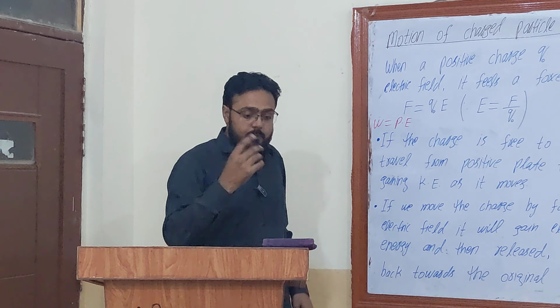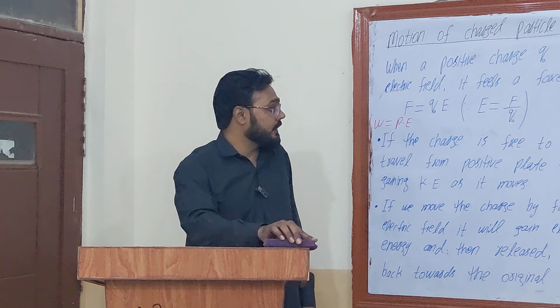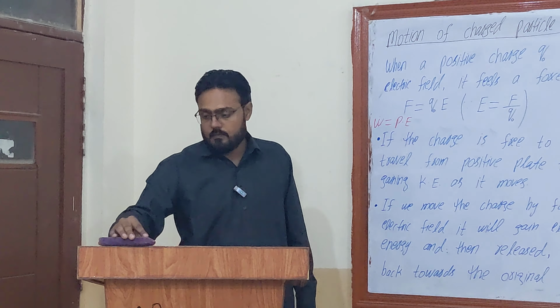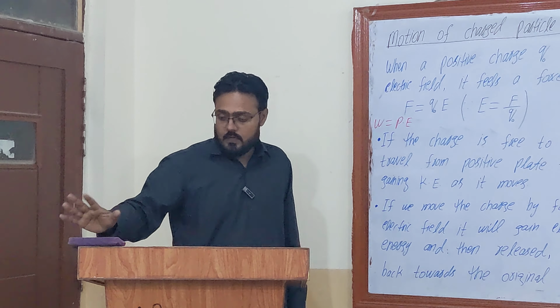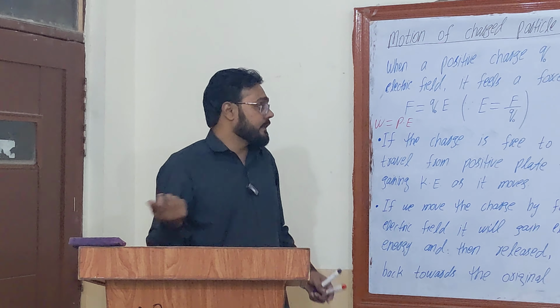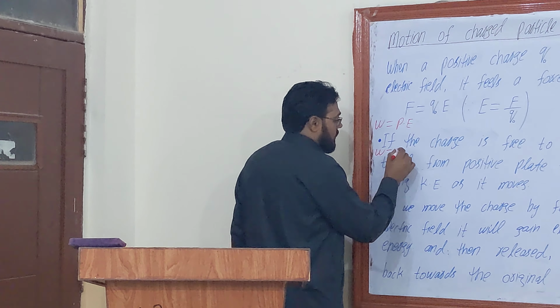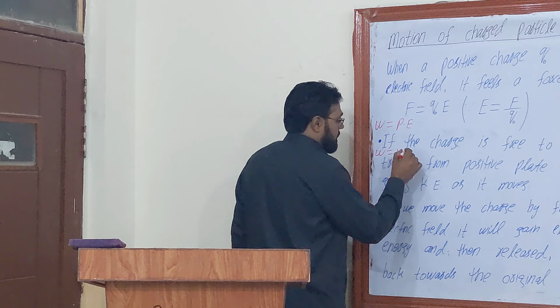Now if I'm applying force and there is no change in height, but it moves at the same height, the work is converted into kinetic energy. Here the work is equal to kinetic energy.